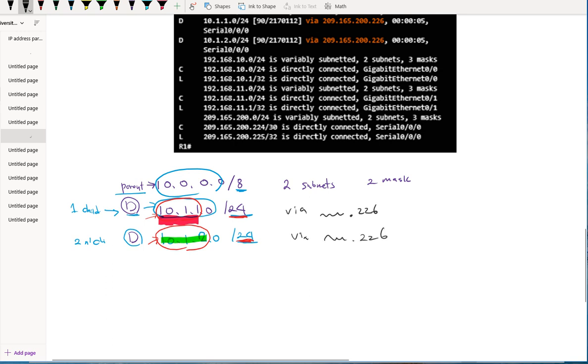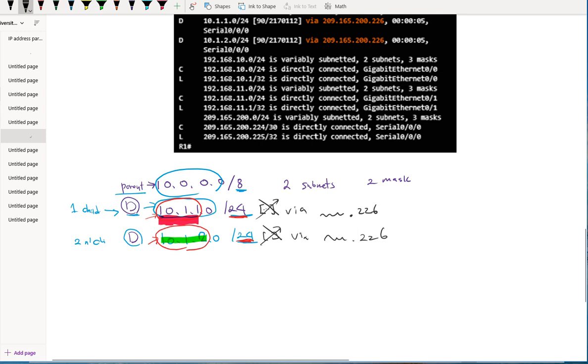By the way, if you look at this D, there are some square brackets and some numbers. Don't worry, just completely ignore this. At this point it really does not matter. By the way, this is like the metric, but at this time, don't worry about it.